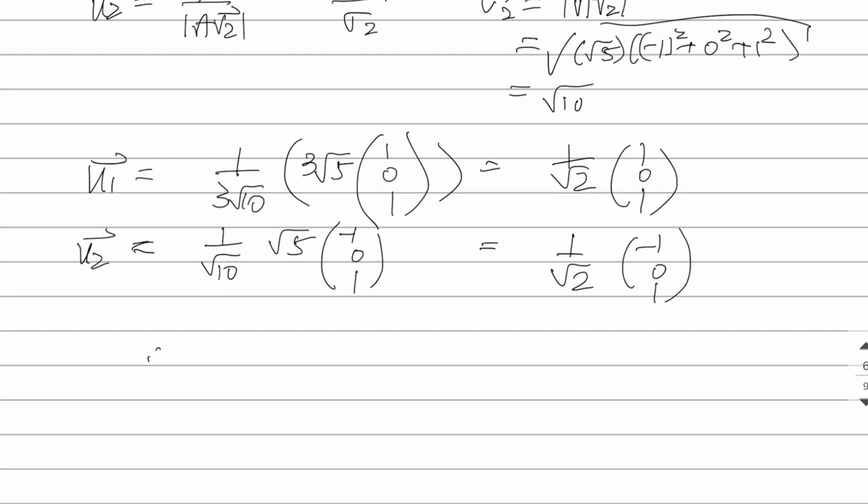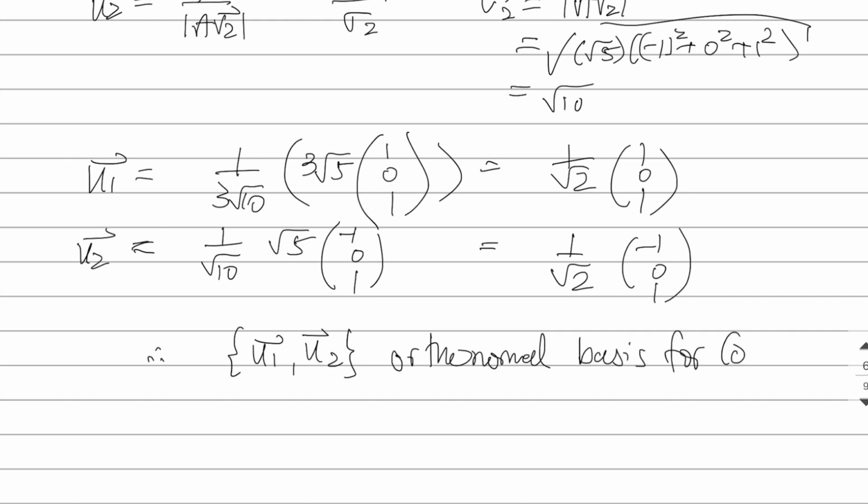And that means U1 and U2 is an orthonormal basis for the column space of A, and that lives in R3, the outputs.